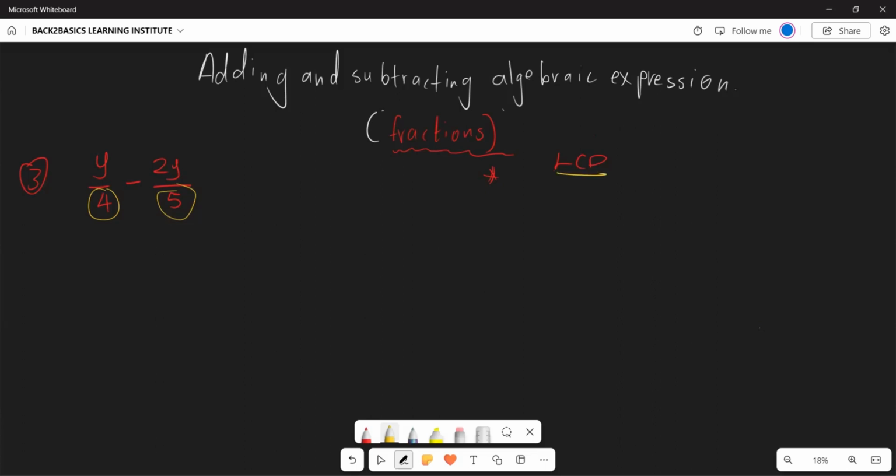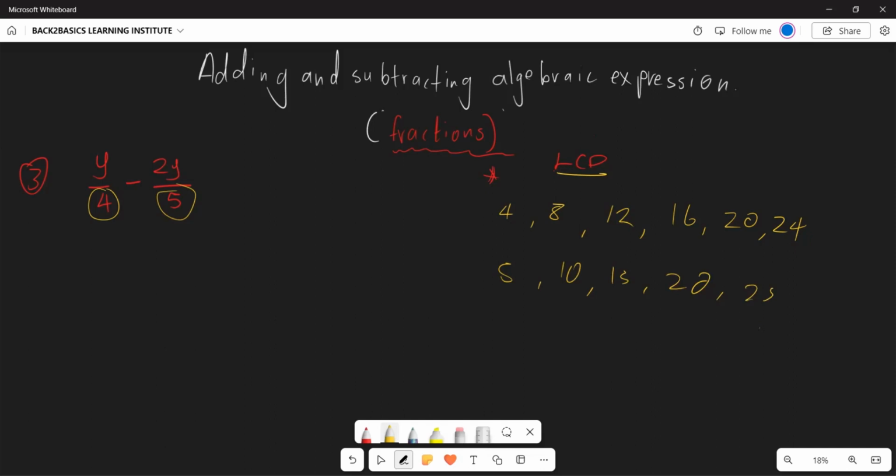You're going to start by finding the multiples of 4. This is 4, 8, 12, 16, 20, 24. And then the multiples of 5, you are going to have 5, 10, 15, 20, 25. Now check, do you have any common multiple within these?